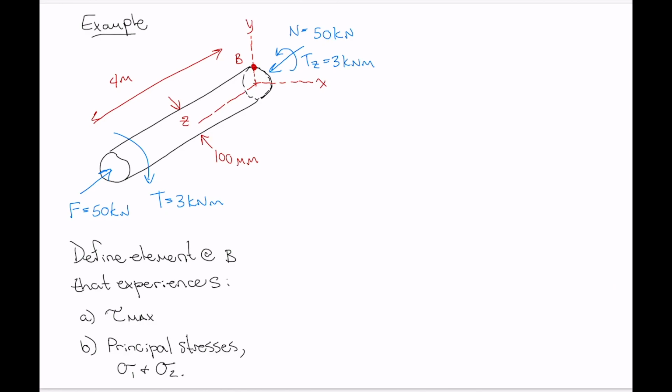So now we want to sketch our element of material that's located at point B. Here we go. And identify the face of that element that's in our section plane.